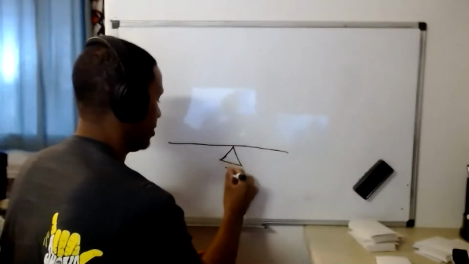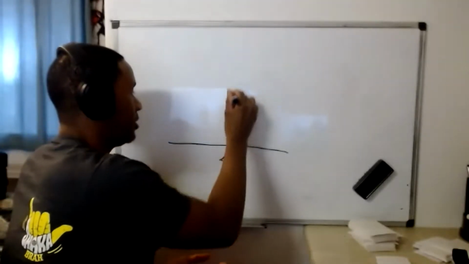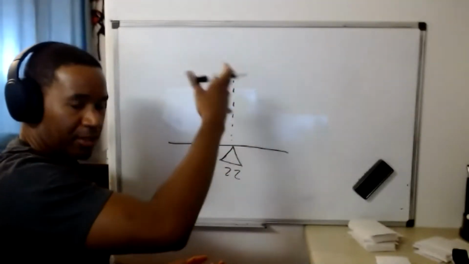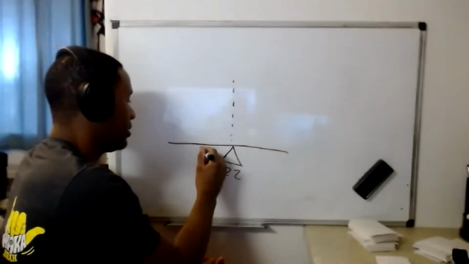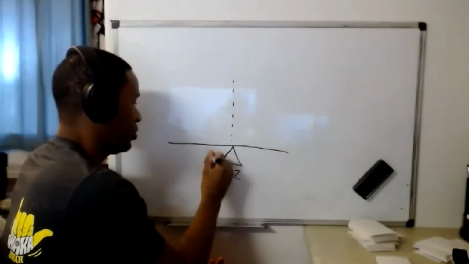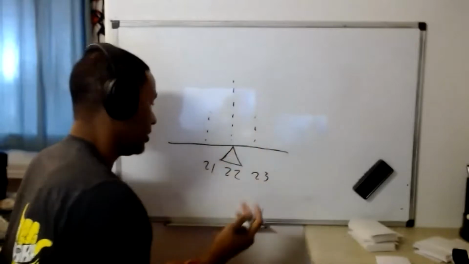Mean is 22. What that means is you're going to have some people who are the vast majority of people. So these dots kind of represent how many people are in the distribution. Vast majority of students are going to be around 22. Then you'll have some students who are 21, probably a little bit less, 23, a little bit less than that.